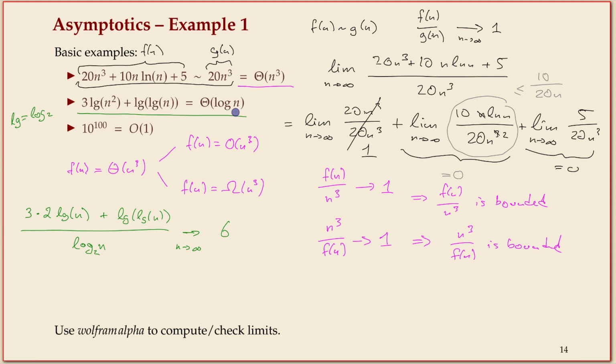And so again, by showing that the quotient converges to a constant, you've shown that this divided by this is upper bounded, and also the reciprocal, this divided by this, is bounded. And that way you've proven both ways for theta.